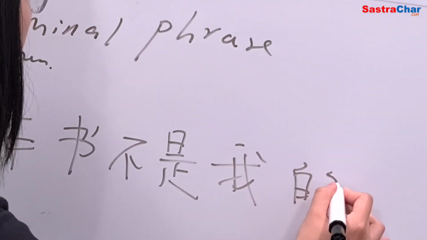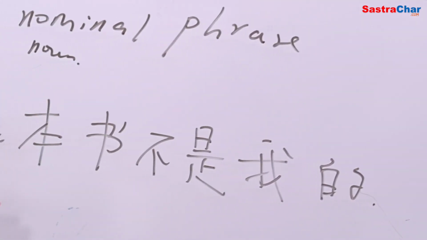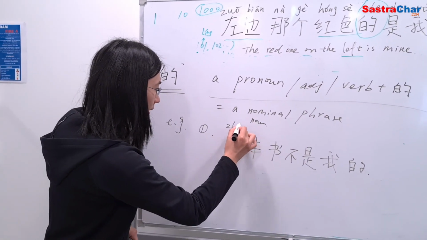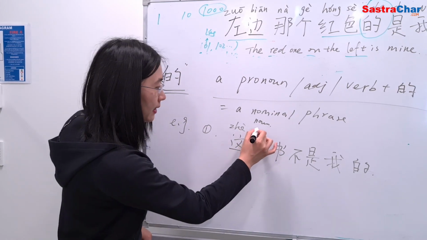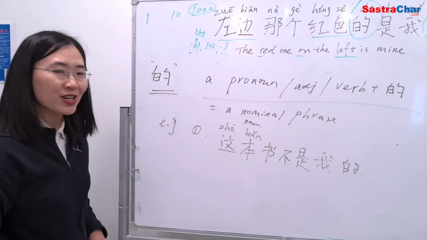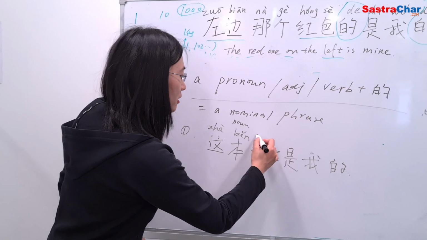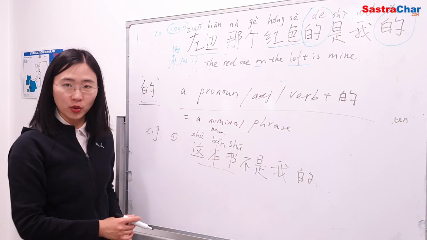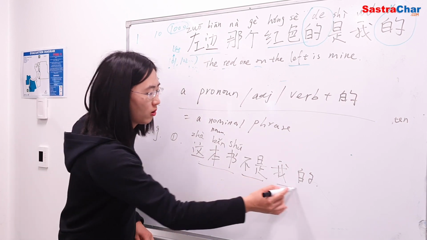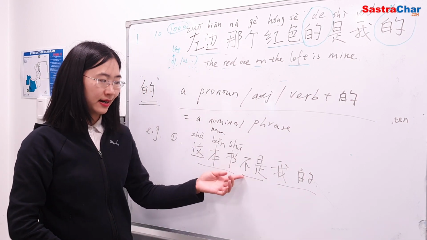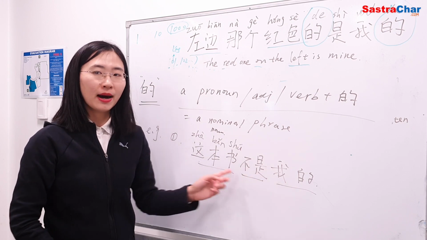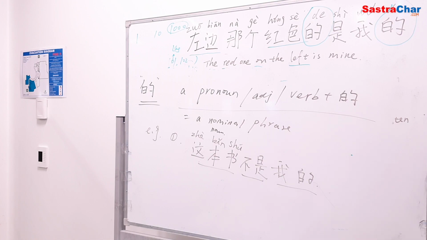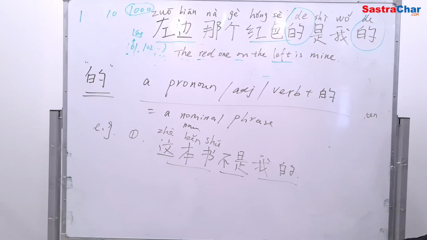So when you see this sentence, you can see it omits something. Let's see first. 这本, 这 is this. 本 is the measure word for books. And 书 means book. So 这本书, this book. 不是 means it's not. 我的 means mine. Here it omits one word.